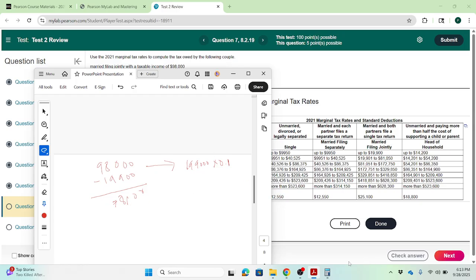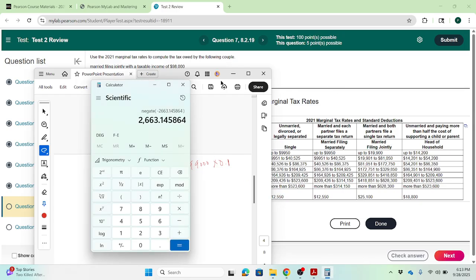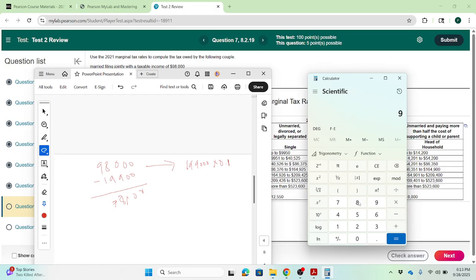I can use a calculator while I'm doing that. 98,000 minus 19,900, so the difference is 78,100.